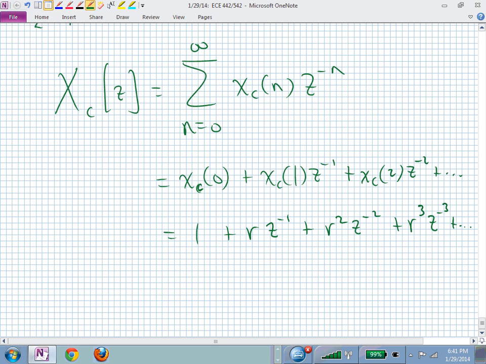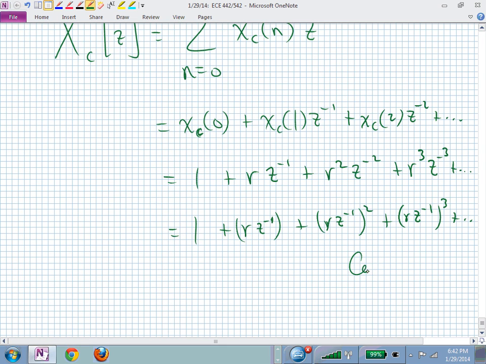But we know how to do this. We just have to identify a common ratio, and then we have a geometric series again. So if I now say this is 1 plus r z to the minus 1, plus (r z to the minus 1) squared, plus (r z to the minus 1) cubed, now I know what my ratio is. It's this r z to the minus 1. And when is that going to be well behaved?